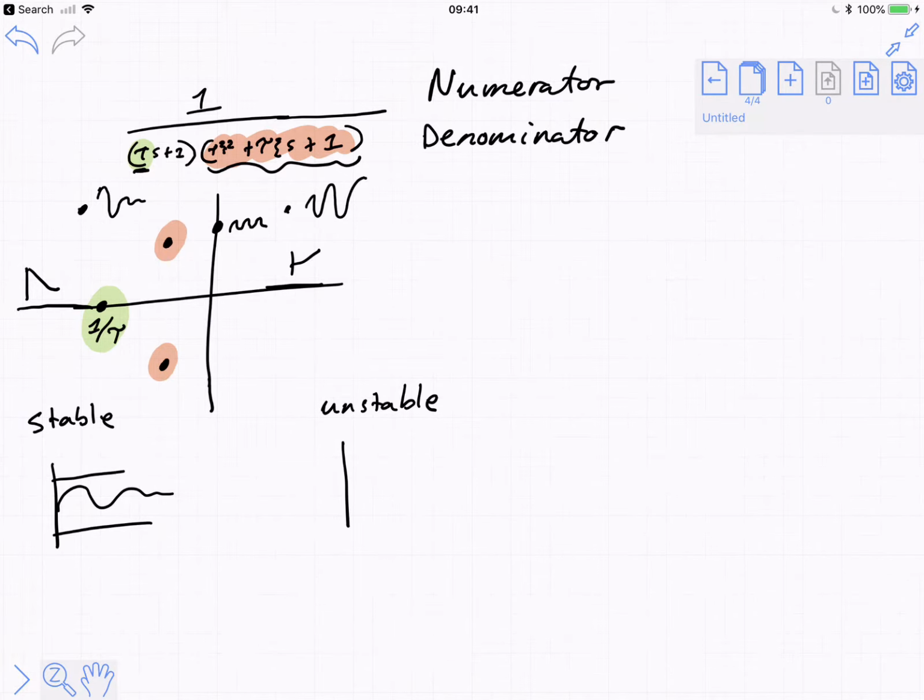Now, we talk about stable systems in this kind of way, where we say specifically that we're talking about a bounded input because obviously any system can be made to move in an unbounded fashion as long as I apply an unbounded input.